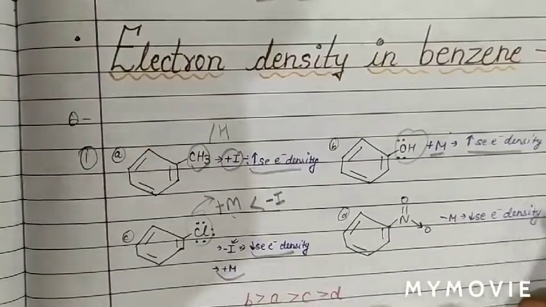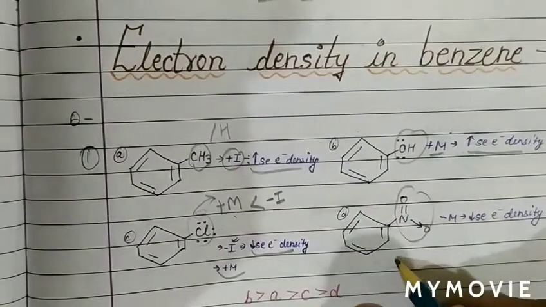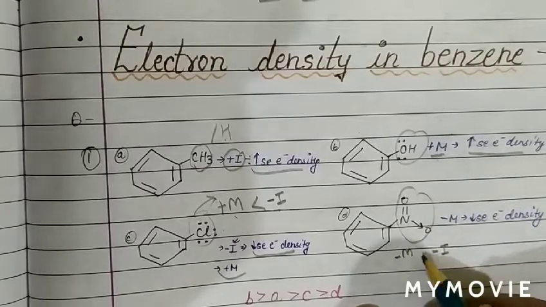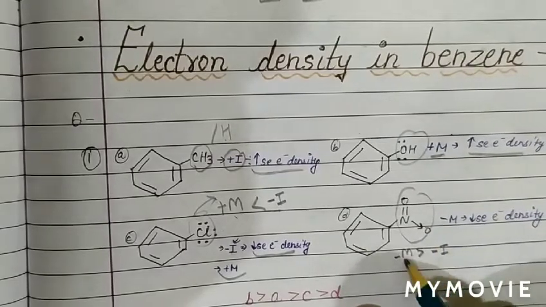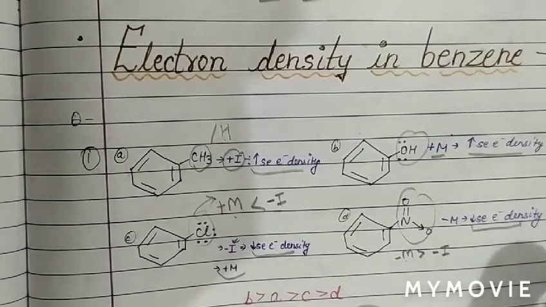Now see the next. Again NO2. In case of NO2, we can see minus M and minus I, both effects can be shown, but minus M is more powerful, and we know minus M decreases the electron density.